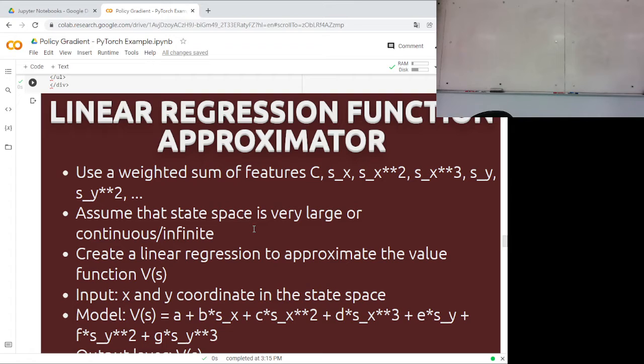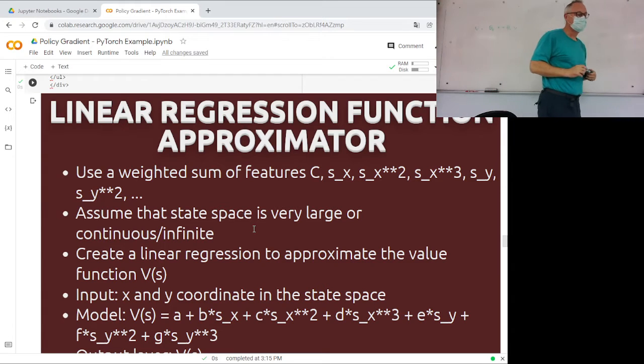So then the question is, what kind of model do you want to use? Now if I just use x and y directly, then my value function has to be of the form v is equal to theta 0 multiplied by x plus theta 1 multiplied by y.